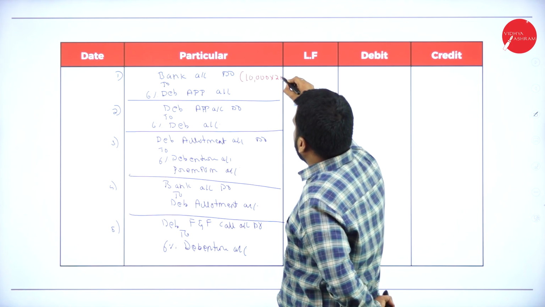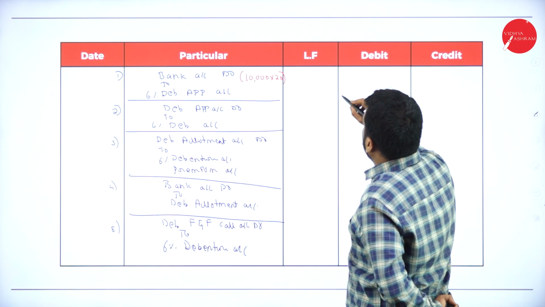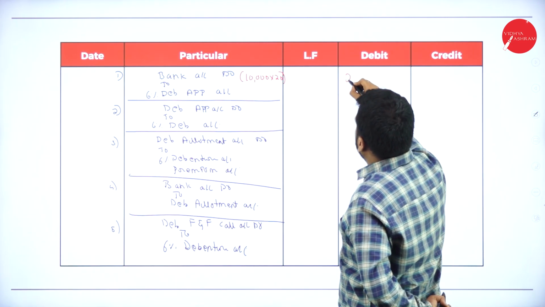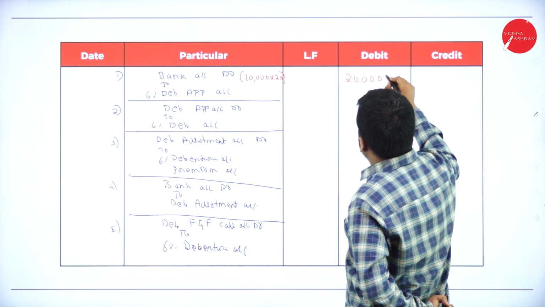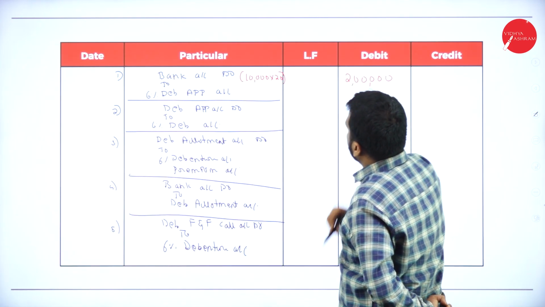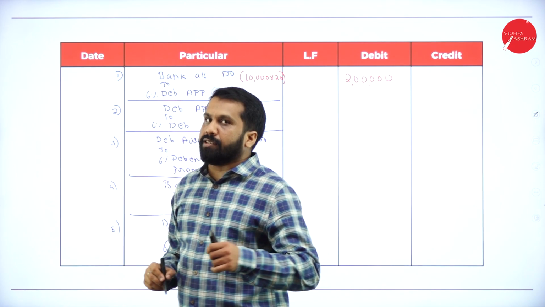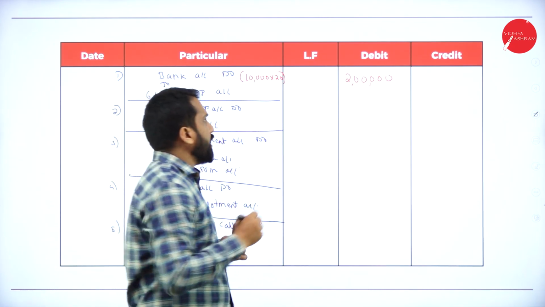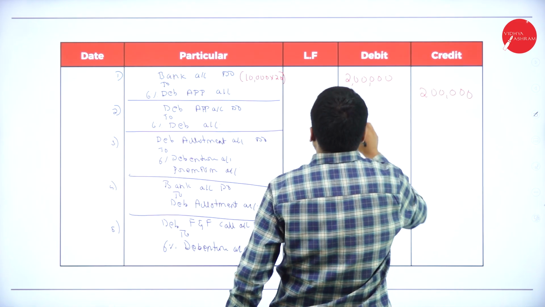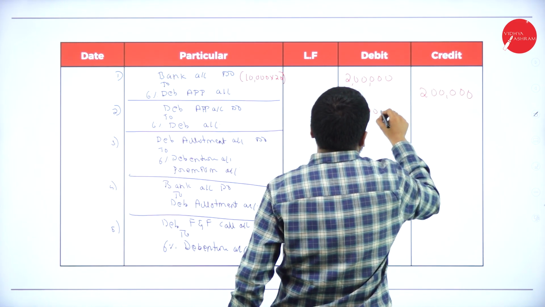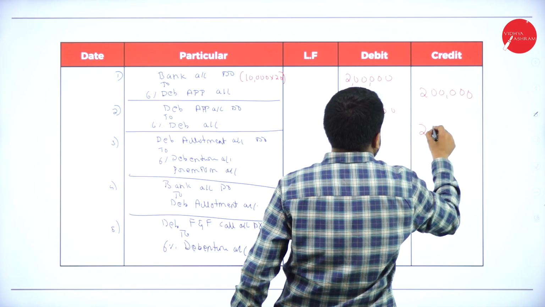So what will be your answer? It will be 2 lakh. 10,000 into 20, your answer is 2 lakh. Here also 2 lakh, again 2 lakh.